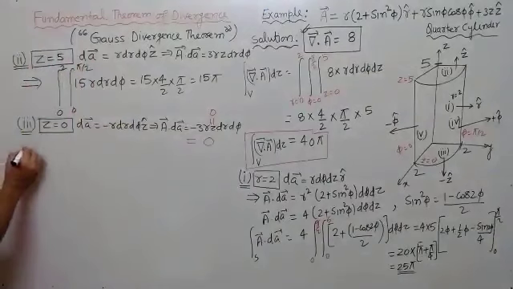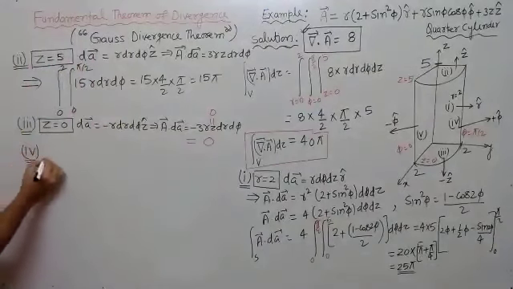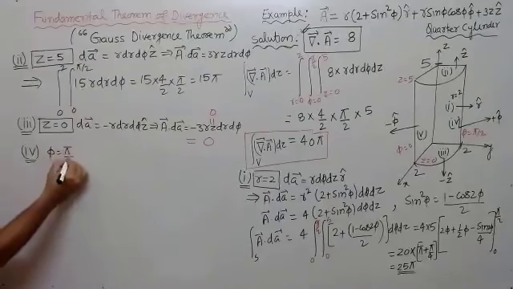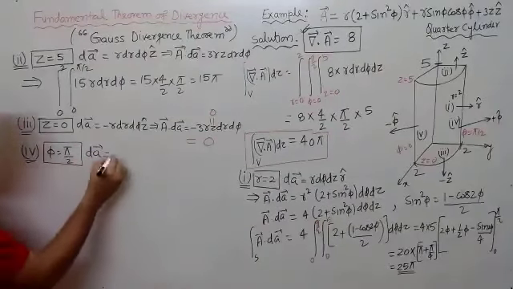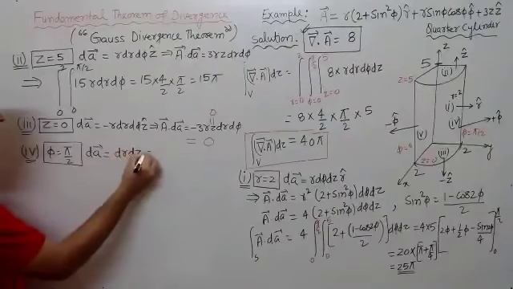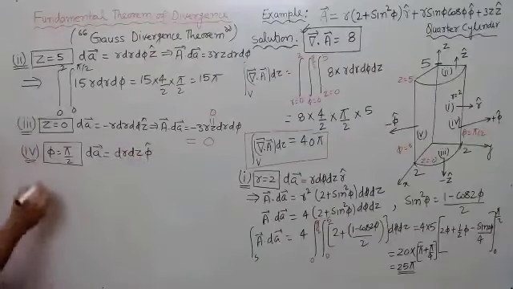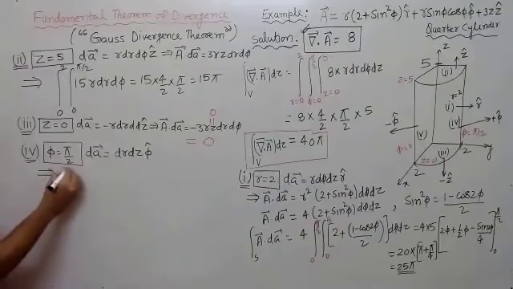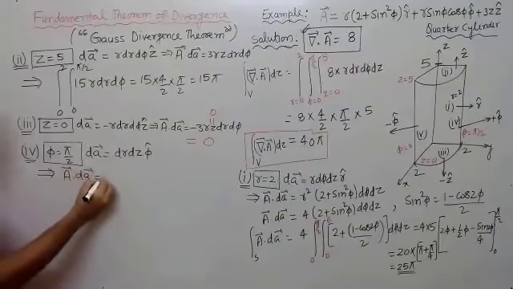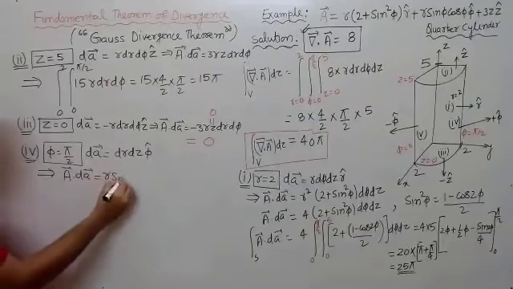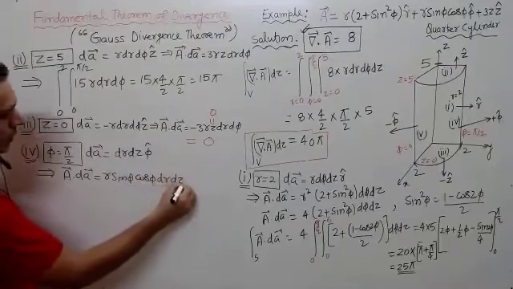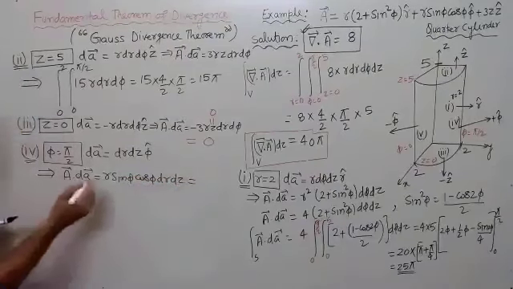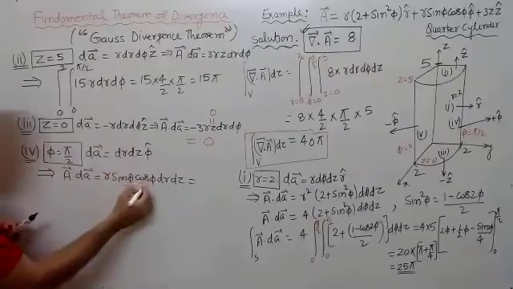Now surface 4. Phi equal to pi by 2 plane. So what will be dA over this surface? When phi is fixed, the variables are r and z. So you will get dr dz phi cap. So what will be A dot dA? You will get r sine phi cos phi dr dz. Now phi is pi by 2, so cos 90 will be 0.